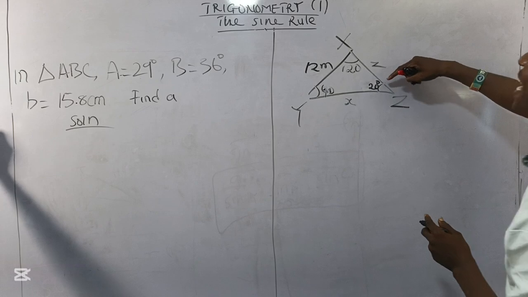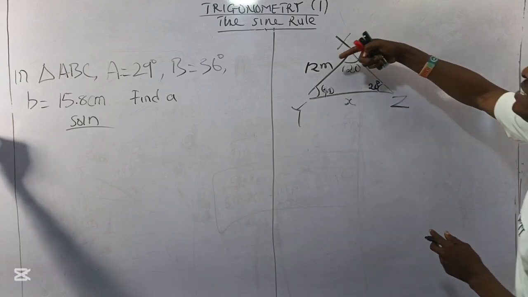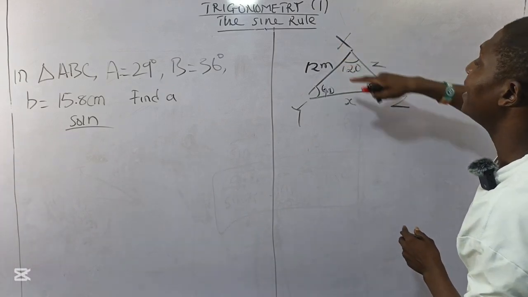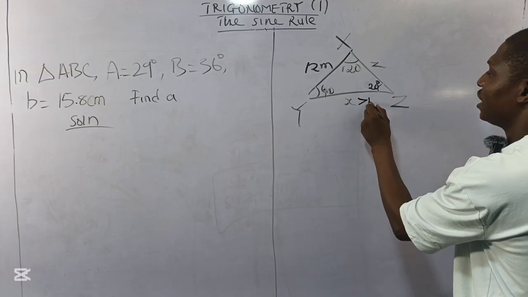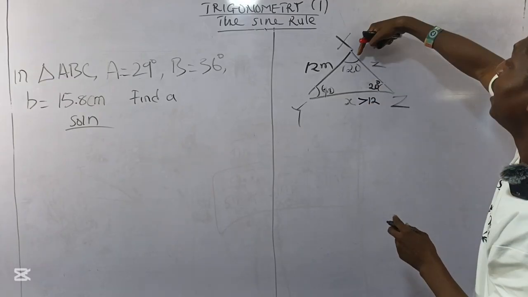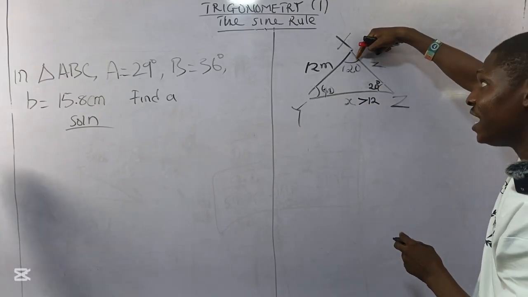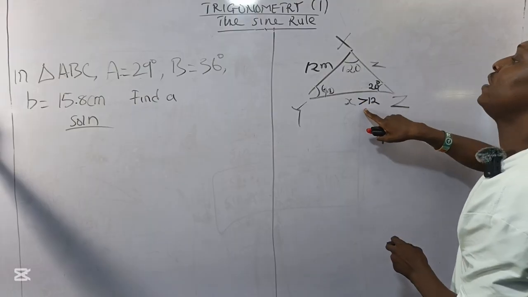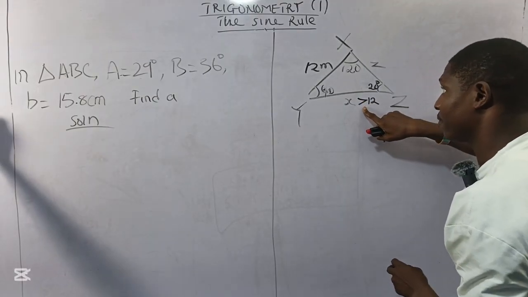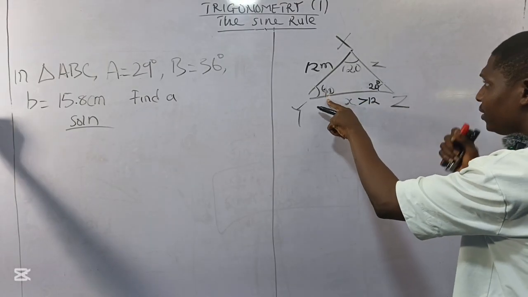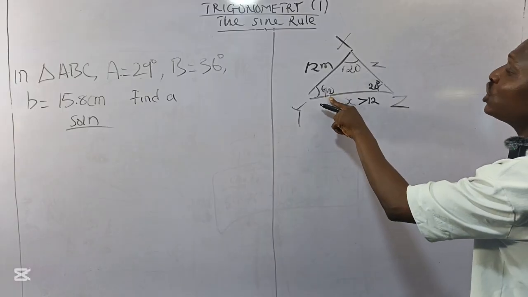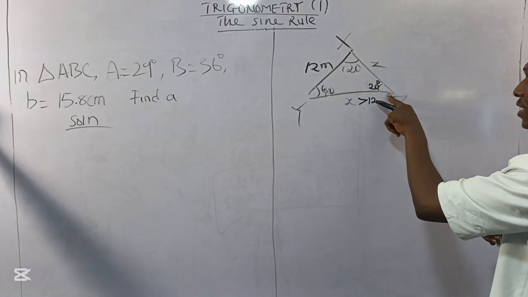So therefore, if z is 20 degrees and the side of z is 12 meters, then my x must be greater than 12 meters. Why? You can see that this is the biggest angle among the three angles, so it must be the biggest side. And this 40 is greater than 20.